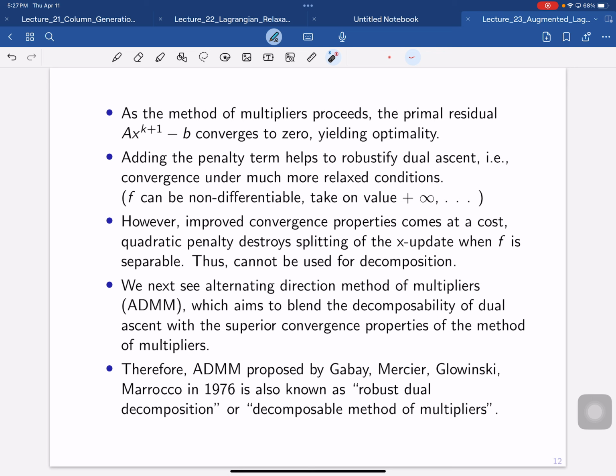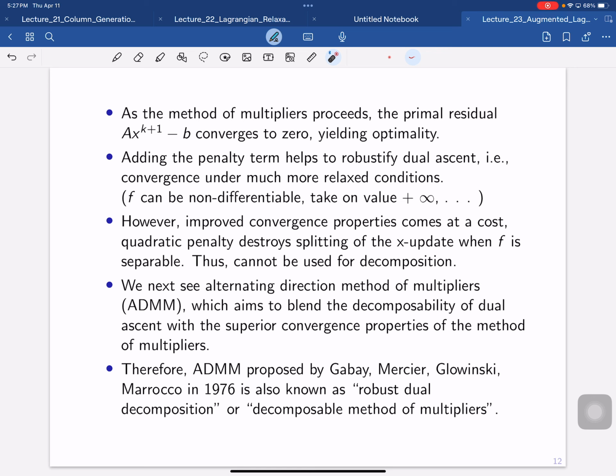Then the primal residual will converge to zero, giving you the optimal solution. Okay. But this type of method also comes at a cost, because when you add the penalty term, you may destroy the structure of the original problem.